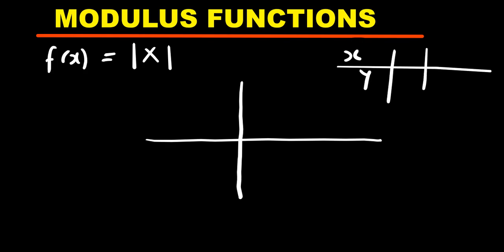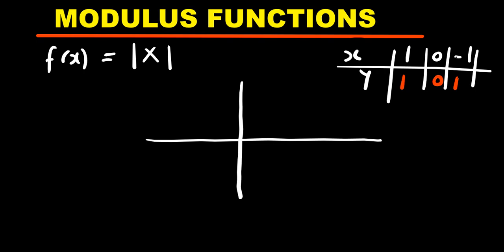Let's put numbers from 1, 0 and -1 and replace these values in the modulus. The modulus of 1 is just 1, right? The modulus of 0 is 0, the modulus of -1 is 1. What you're going to realize is you're just going to have positive values throughout.